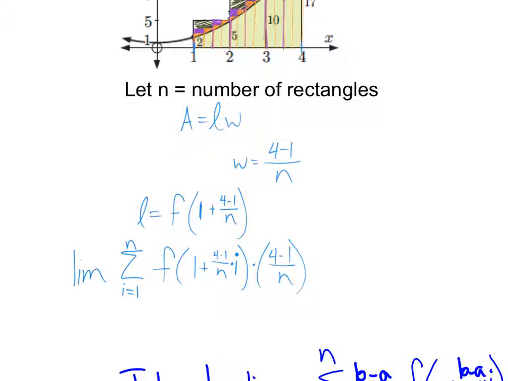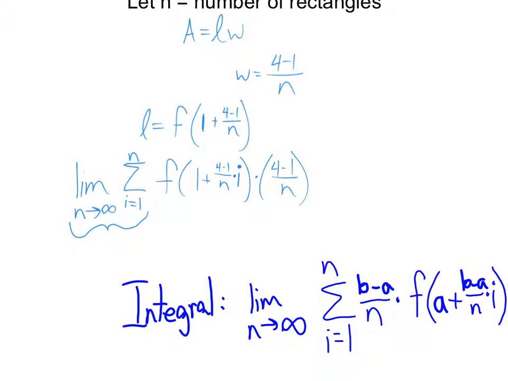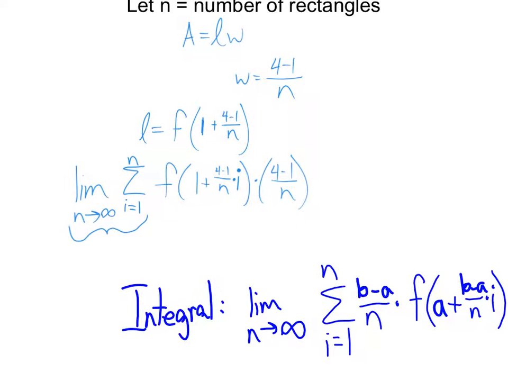The limit as n approaches infinity of this sum is the area. And guys, this part right here, the limit of the sum, is the integral.